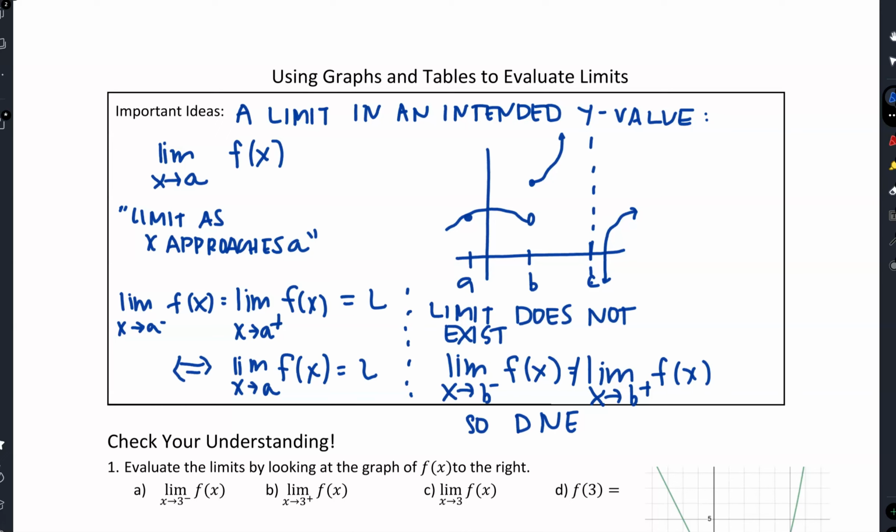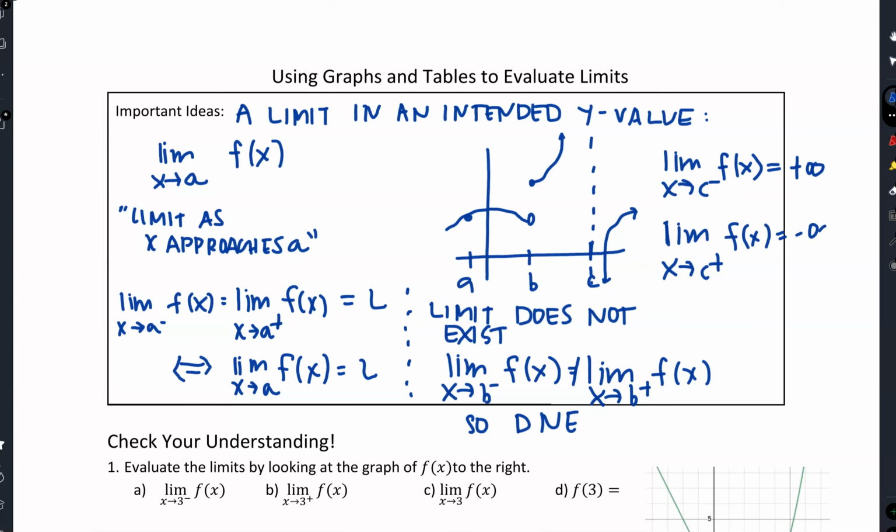Okay. We also say that the limit does not exist at C either, because what is happening here? The limit as x approaches C from the left of that function, since it's going from the left, is going to positive infinity. And then the limit as x approaches C from the right is going in the opposite direction.